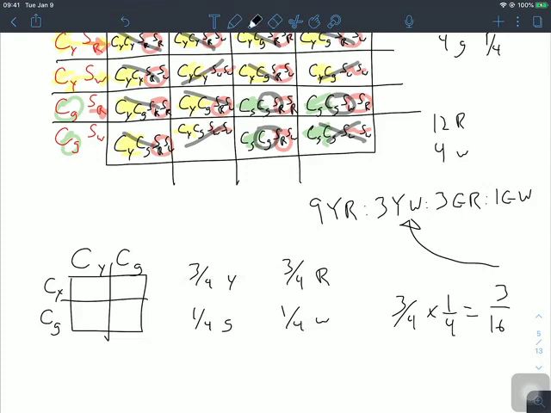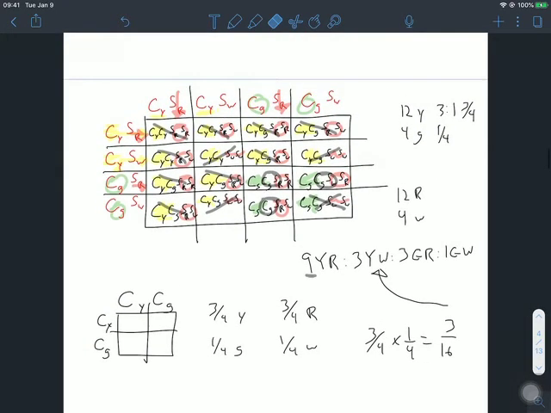Another question. What's the likelihood of being yellow and round? 3/4 times 3/4 gives you 9/16, present there. So in this way, dihybrids are actually the product rule for two separate monohybrids.